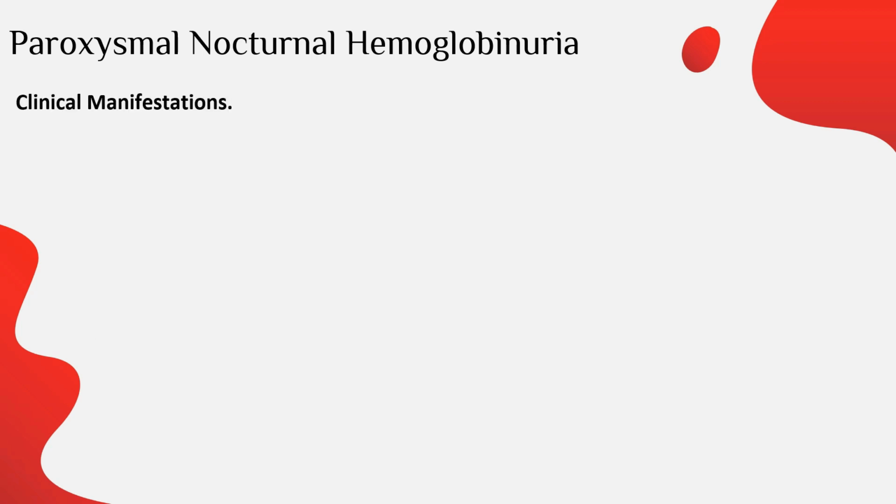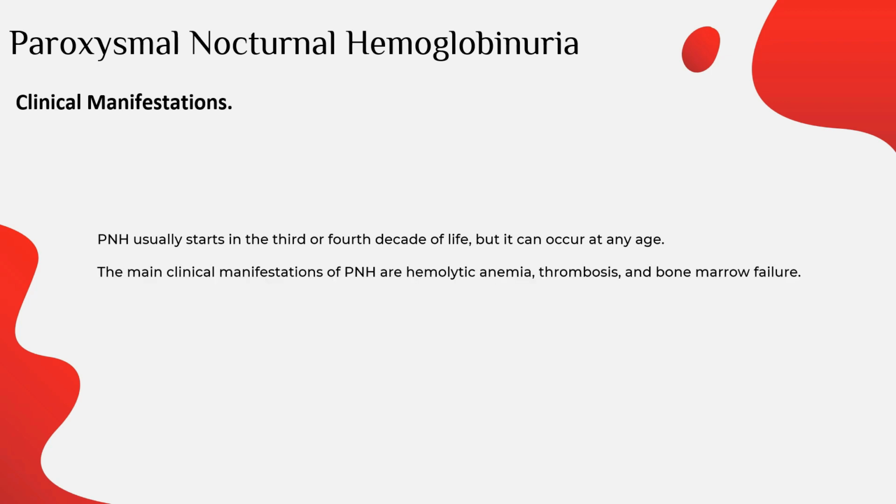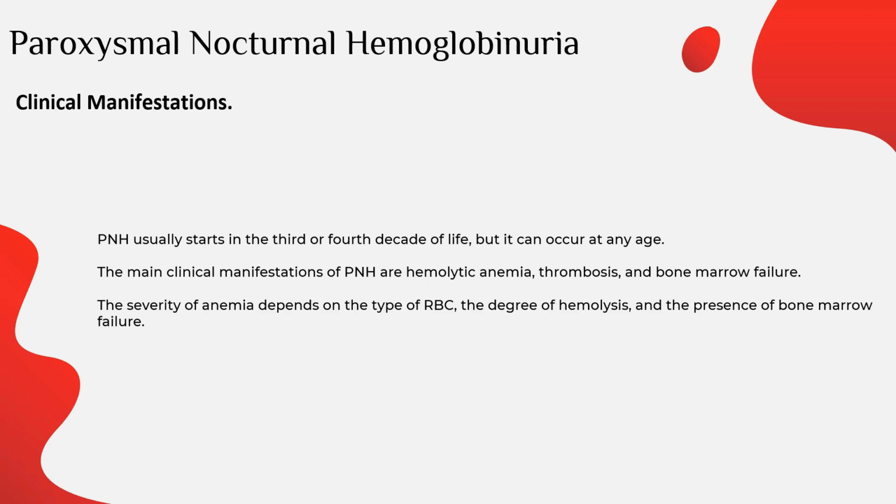Clinical manifestations. PNH usually starts in the 3rd or 4th decade of life, but it can occur at any age. The main clinical manifestations of PNH are hemolytic anemia, thrombosis, and bone marrow failure. The severity of anemia depends on the type of RBC, the degree of hemolysis, and the presence of bone marrow failure.